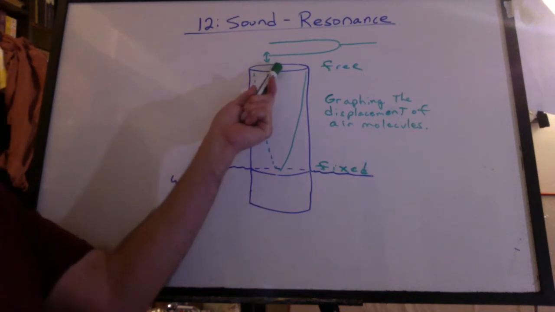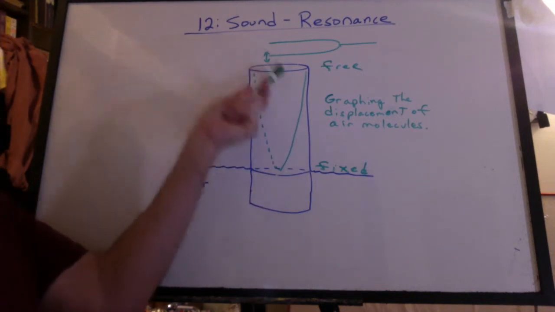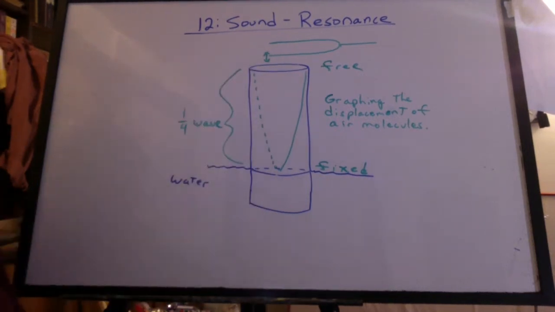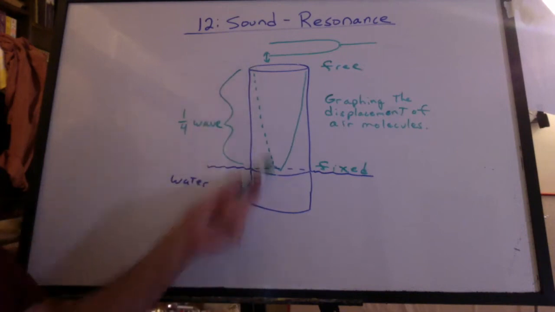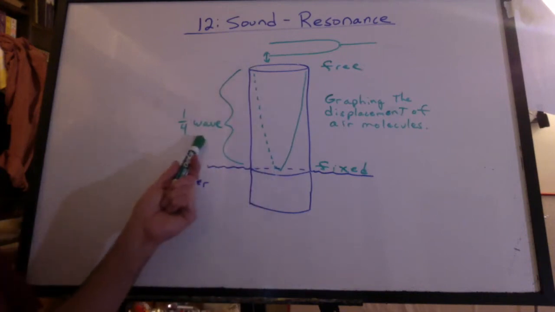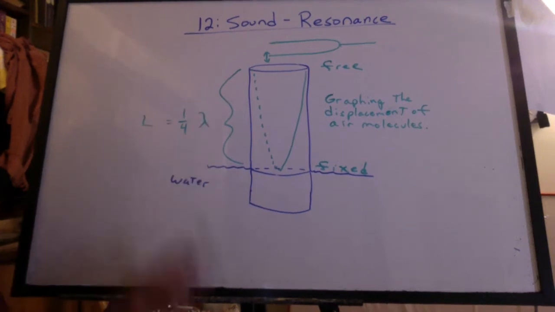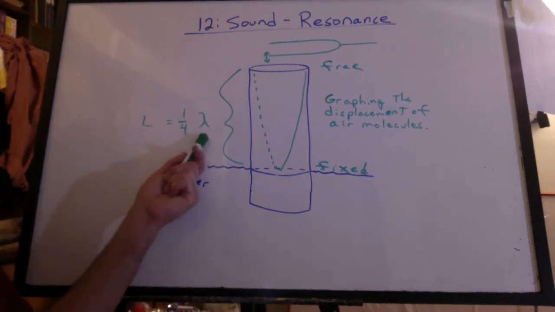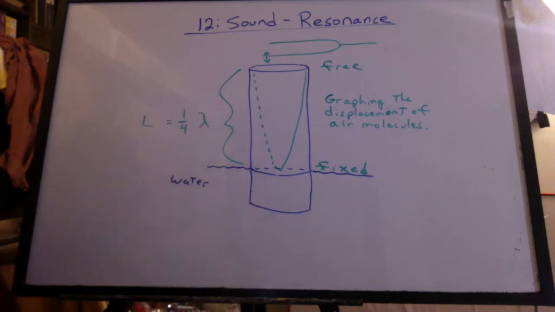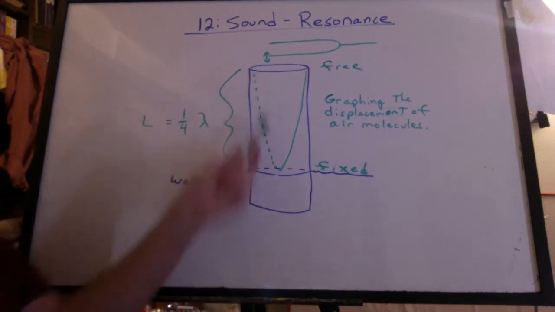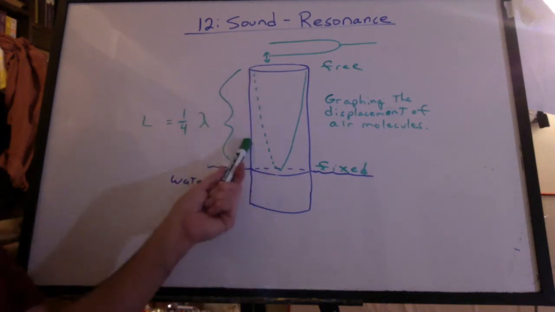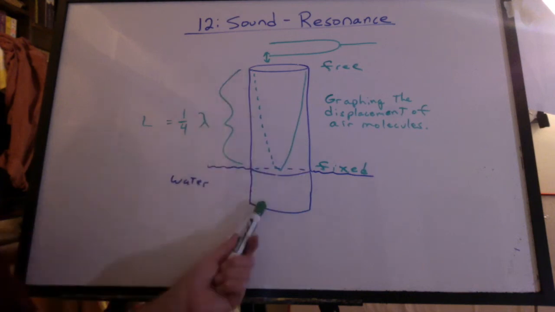The air pressure out here has to stay the same because it's open to the environment. So the length of air that's resonating is 1/4 of a wave. We can say that 1/4 of a wavelength is equal to the length of this column of air. Now we can adjust this length of column of air by moving the PVC pipe up or down in the water.